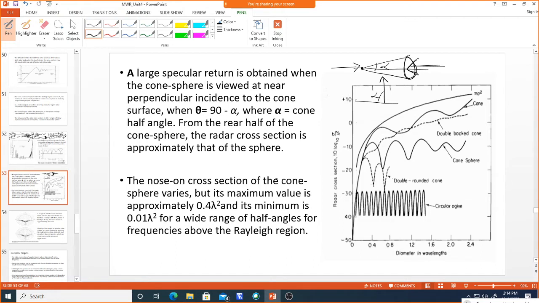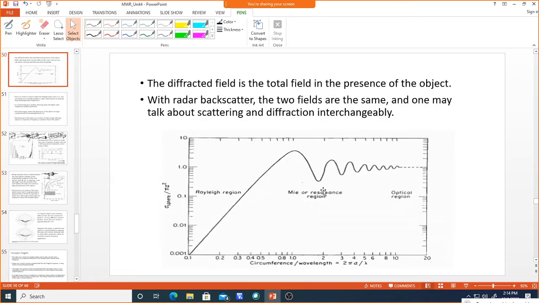Okay, with a wide range of half angles, we can even increase the area of this cone angle, and above the Rayleigh region you can detect the RCS of that cone. We discussed the different regions yesterday. Above the Rayleigh region means the midband region, when the frequency is in the microwave range, we can detect there also, if you increase the half angle of the cone.